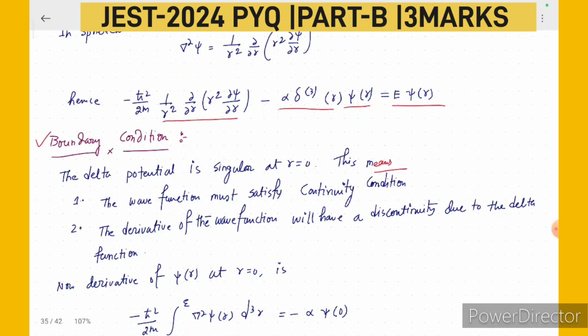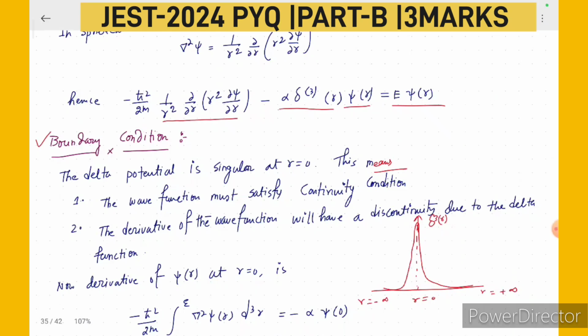The delta potential is obviously singular at r equals 0. Here is the delta potential, this is the point r equals 0, and this is nothing but delta cube of r, the given potential. And this potential is singular at r equals 0.